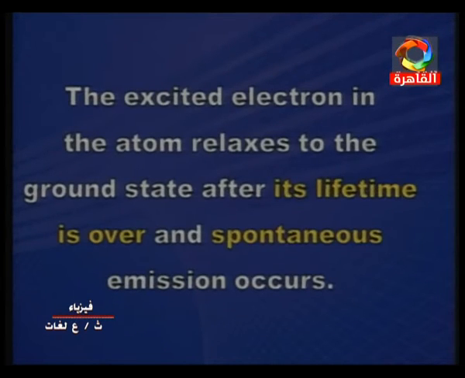Okay, first of all, the excited atom or excited electron in the atom relaxes to the ground state after its lifetime is over, and this produces an emission we call, yes, a spontaneous emission. It happens when lifetime is over.